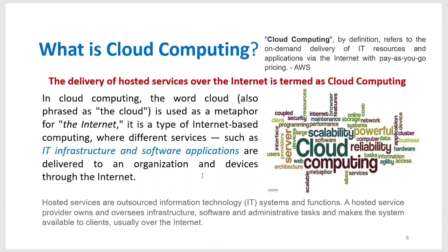So cloud computing by AWS definition refers to the on-demand delivery of IT resources and applications via the internet with a pay-as-you-go pricing model. As per the pay-as-you-go pricing model, AWS charges on a per hour basis. Whether you use the resources for 1 hour, 2 hours, a month, or 2 months, you pay on a per hour basis.